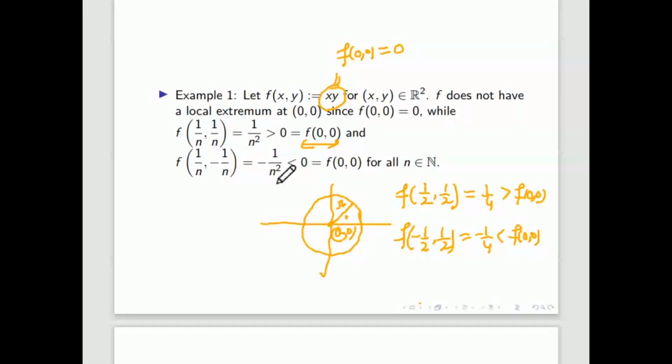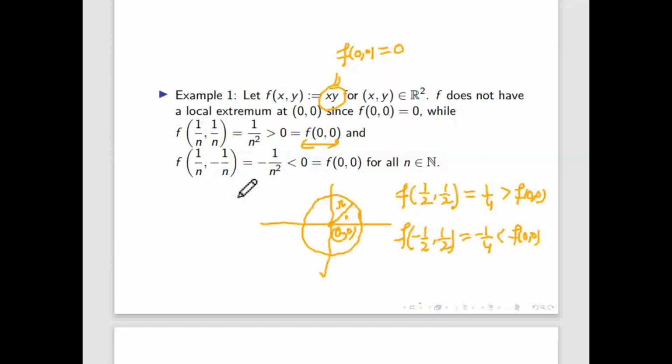So there are a lot of points, not only 1/2, even you can take 1/3, 1/4. So why did I take 1/n here? Because it depends on the radius r. However small a radius you choose, this condition will always be satisfied. Even if r is very small or n is very large, almost 0 radius, if you take epsilon radius and epsilon is positive, very small, close to 0, then also this condition will be satisfied.